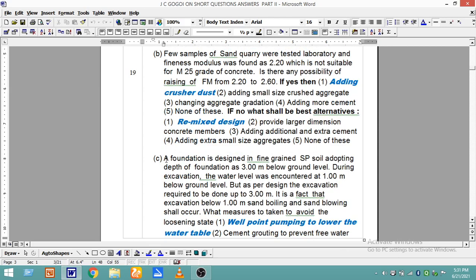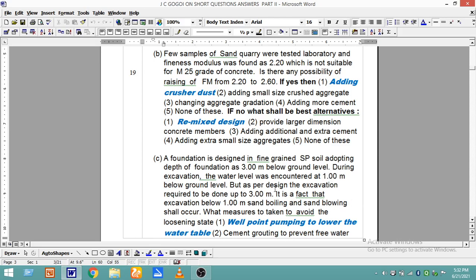Now next question, a foundation is designed in fine grain SP soil, adopting depth of foundation as 3 meter below ground level. During excavation, the water level was encountered at 1 meter below ground level. You see, our foundation is provided at 3 meter, and during execution we are getting the subsoil water level at 1 meter below ground level.